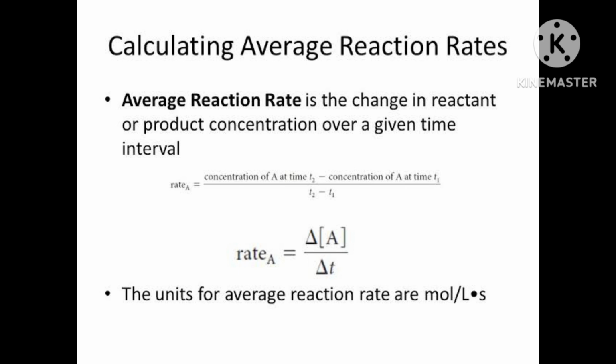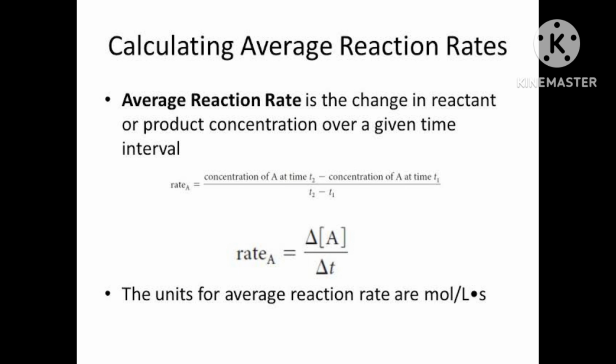Then obviously you will get a right angle triangle. Using that right angle triangle you can get the exact concentration at that moment, and concentration divided by time is the rate.